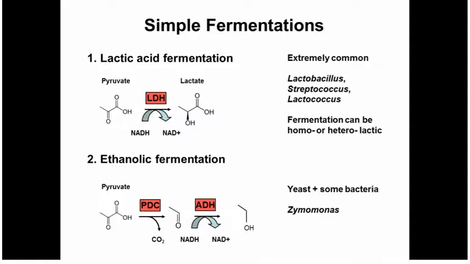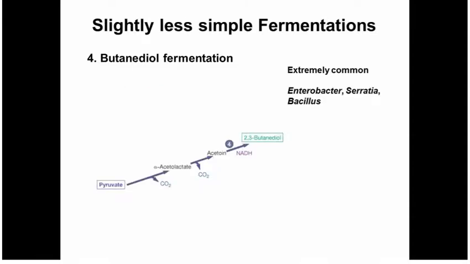And then you could get ethanol production for biofuels directly from plants, from cellulose. I don't know if it's actually used as an industrial process yet, but this is a potential use of ethanolic fermentation by bacteria. So Zymomonas is the example to remember of a bacterium that performs ethanolic fermentation. Those are simple: they go from pyruvate pretty much directly to the fermentation product.